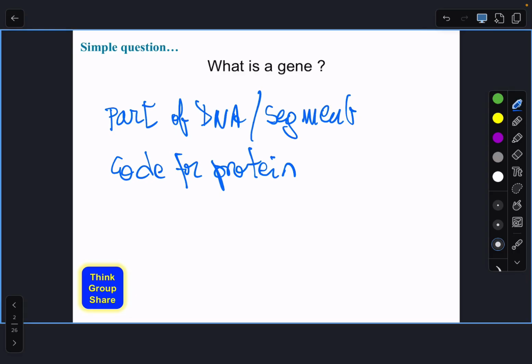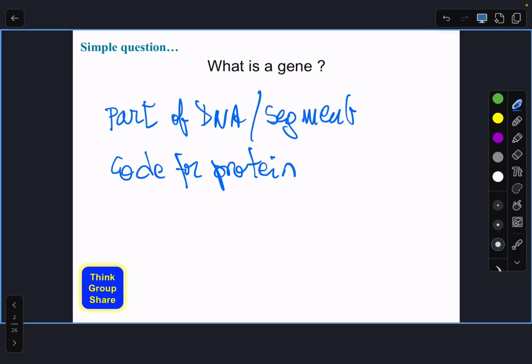What might be a slightly different take on what a gene is, what its function is. And I'm not saying that's not true. Code for protein, sure. Yeah, so let me paraphrase that. It's linked or associated with some function.